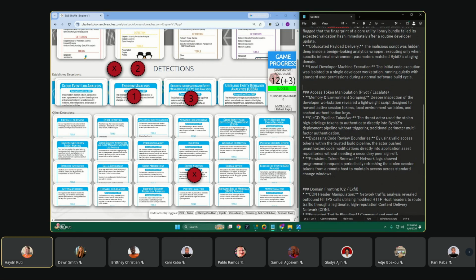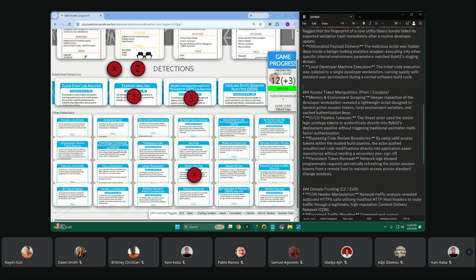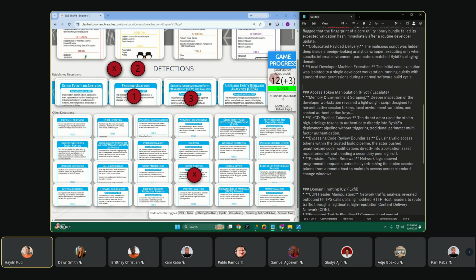All right, so deeper inspection of the developer workstation revealed a lightweight script designed to harvest active session tokens, local environment variables, and cached authentication keys. The threat actor used the stolen high-privileged tokens to authenticate directly into Bybit2's deployment pipeline without triggering traditional perimeter multi-factor authentication.